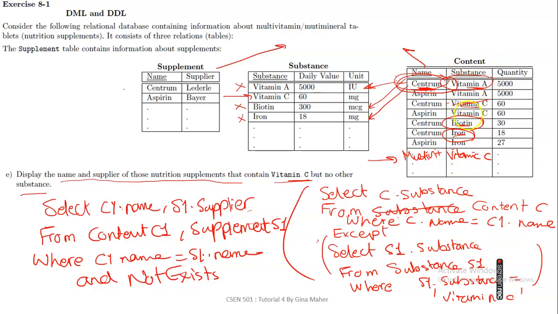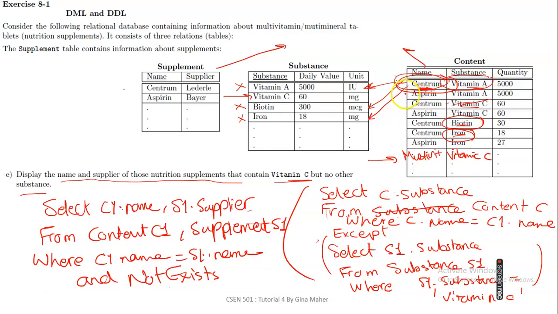It returns vitamin A, biotin, iron, a set of records, which means that it did not return false or an empty bag. And that's why it exists. Since this exists, Centrum will not be part of our answer because the condition here is that this doesn't exist. Actually, it exists.